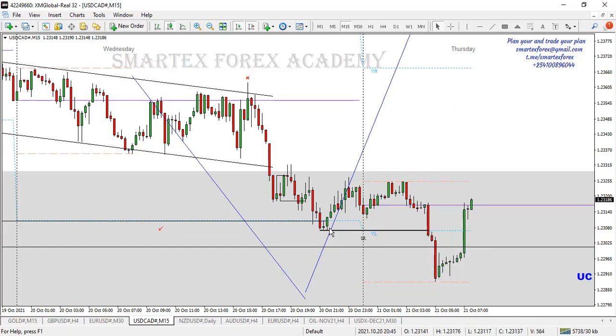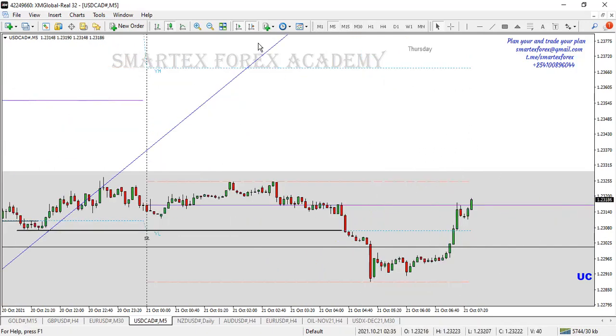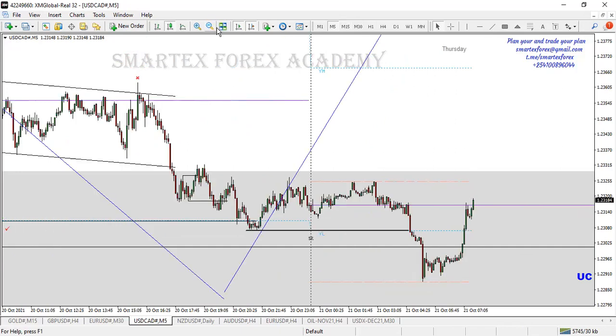You can see there was this sweep, and we have this. So here, what I'm expecting is this. Let me show you what I expect before I take this trade. I know it is an expression here, but we have this. You see?